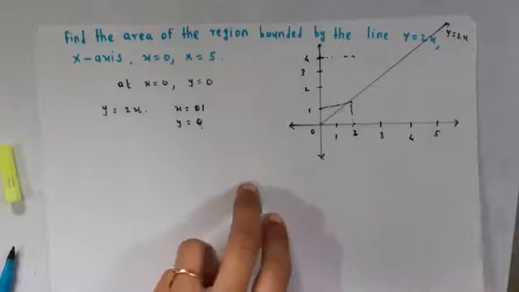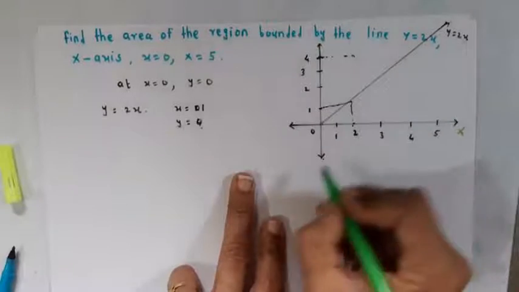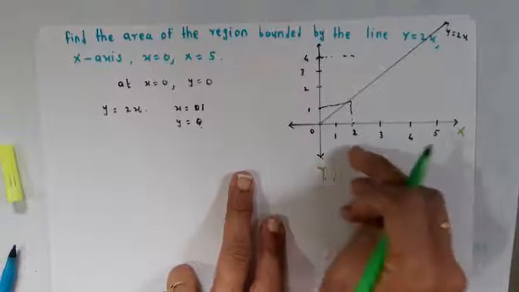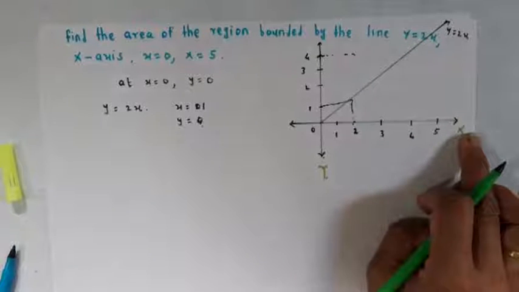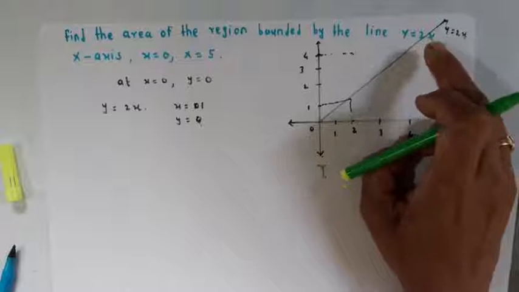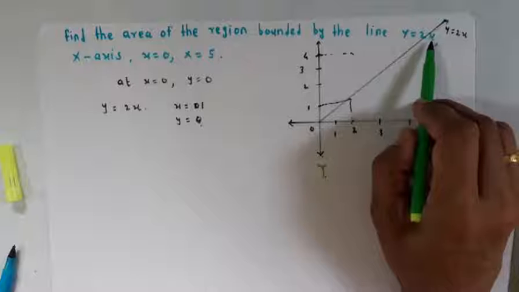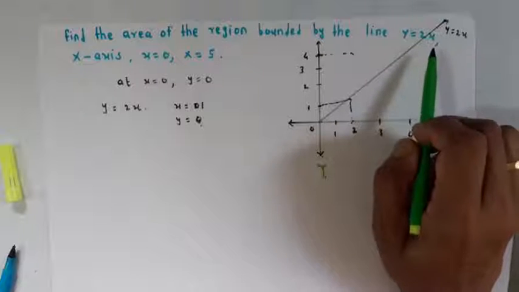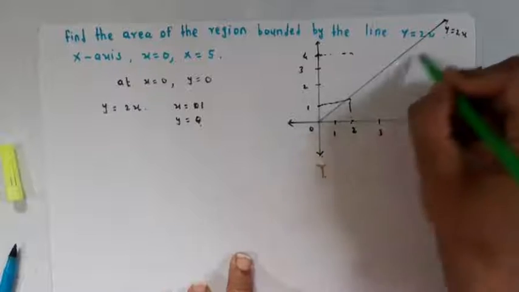Suppose this is the x-axis, this is the y-axis. On the x-axis the scale 1, 2, 3, 4, 5 is there. So the line y equal to 2x. Students, this line y equal to 2x means 2x minus y equal to 0. As the constant term is not there, the line is passing through the origin.